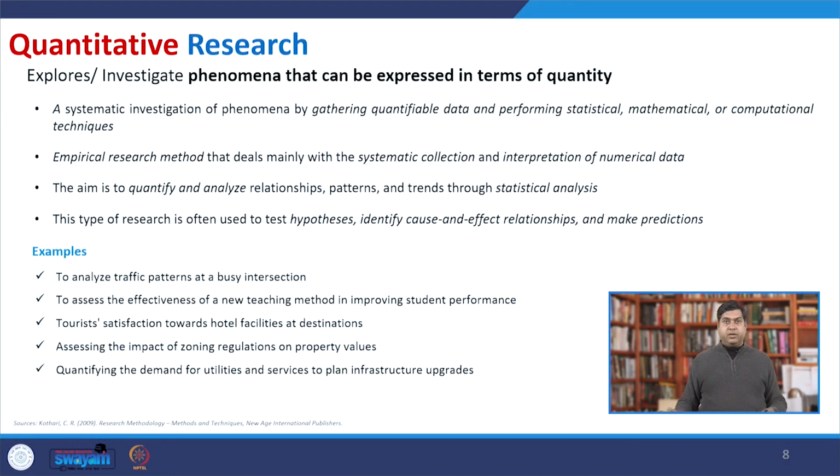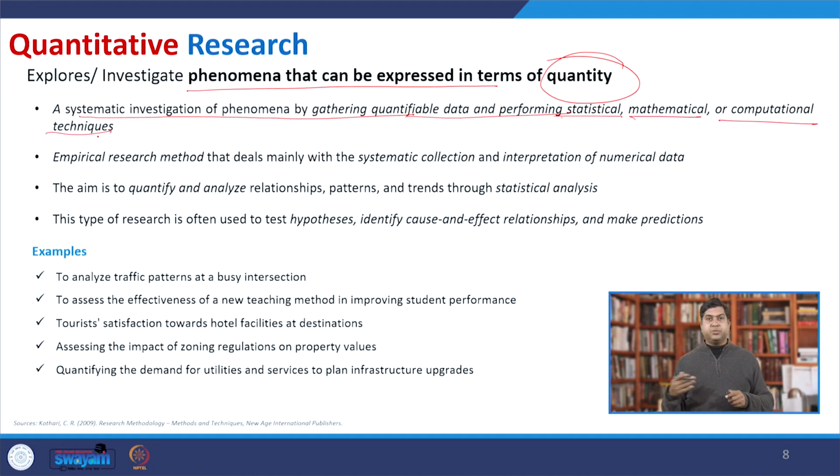Now with that, we move to quantitative research. As we already discussed earlier, it explores and investigates phenomena that can be expressed in terms of quantity. So quantification is the key of quantitative research. Some of the characteristics are the systematic investigation of phenomena by gathering quantifiable data and performing statistical, mathematical, or computational techniques.